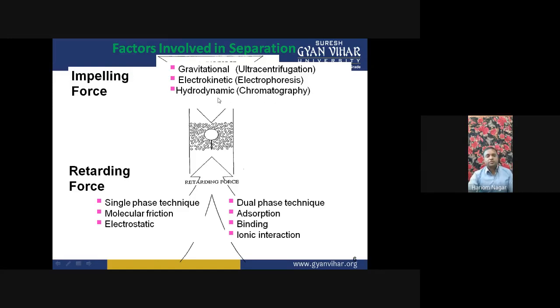Because of hydrodynamics, the dynamics of the particles is due to the motion of the mobile phase. If the component is in contact with the mobile phase, then there will be dynamics of the mobile phase, and due to that the component will also be in motion.